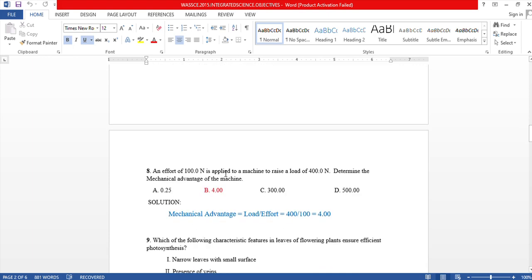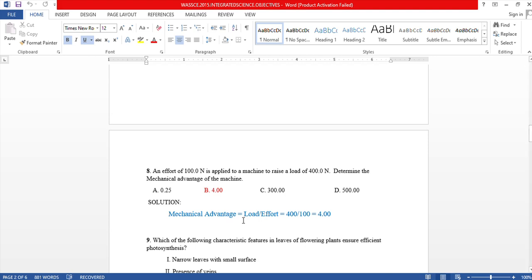An effort of 100 Newton is applied to a machine to raise a load of 400 Newton. Determine the mechanical advantage. So mechanical advantage is basically the ratio of the load to the effort. It is a way of seeing how effective the machine is.